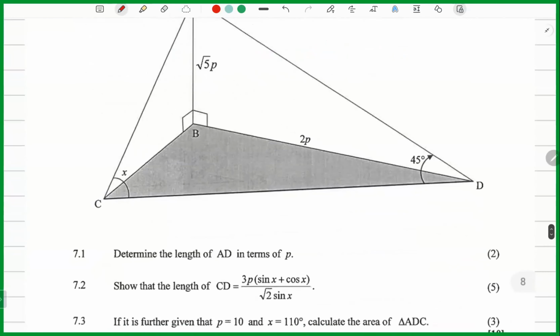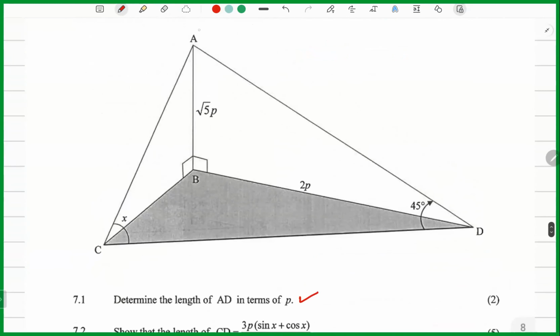All right, determine the length of AD in terms of P.